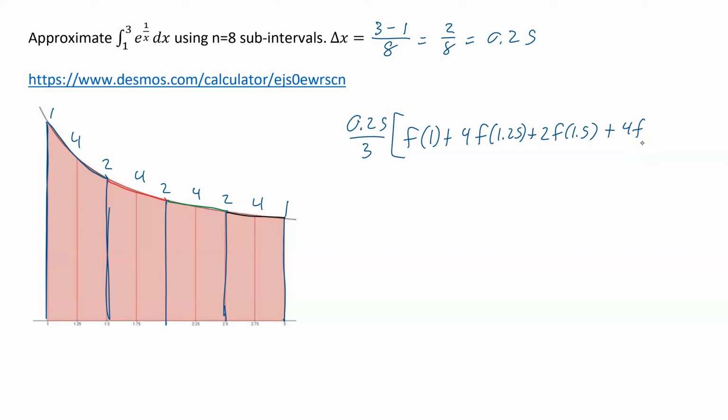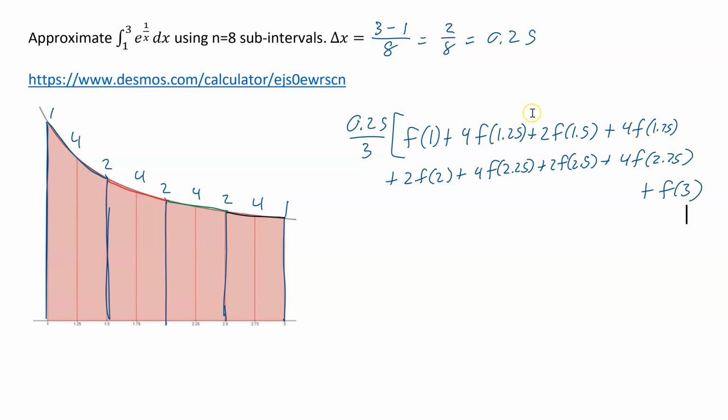So 4 f of 1.75 plus 2 f of 2 plus 4 f of 2.25 plus 2 f of 2.5 plus 4 f of 2.75, and then finally we end up with plus f of 3. That was our last one. So we have that 1, 4, 2, 4, 2, 4, 2, 4, 1.